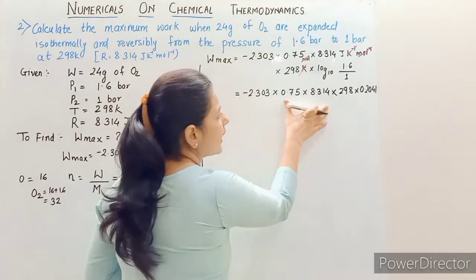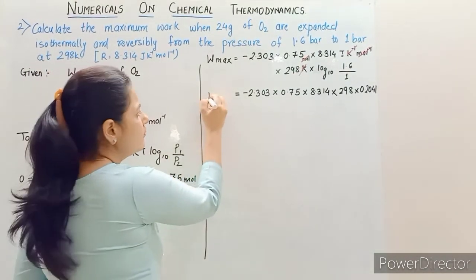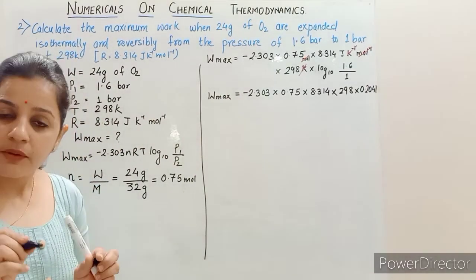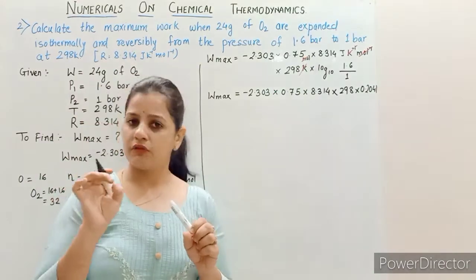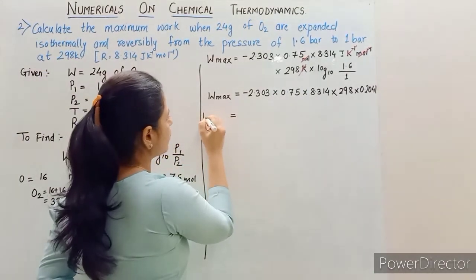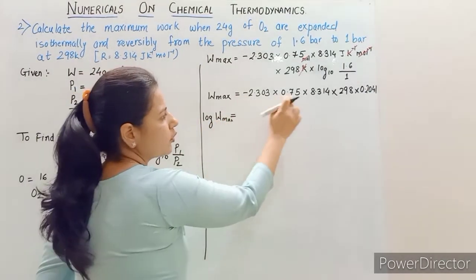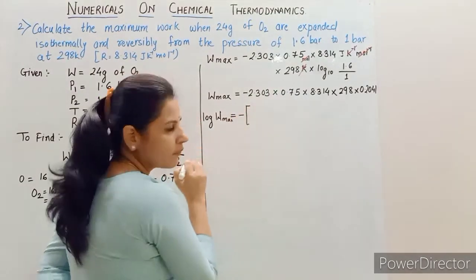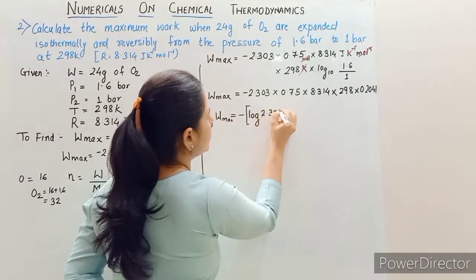Now you can either multiply all this and solve the numerical, or you can use log table, but I will prefer using log table only because it is the simplest way to solve the numerical and there is very less probability of getting it wrong. Okay, so let us use log. So log of Wmax will be equals to, if I apply the log to this complete moiety, then it will become log of 2.303.